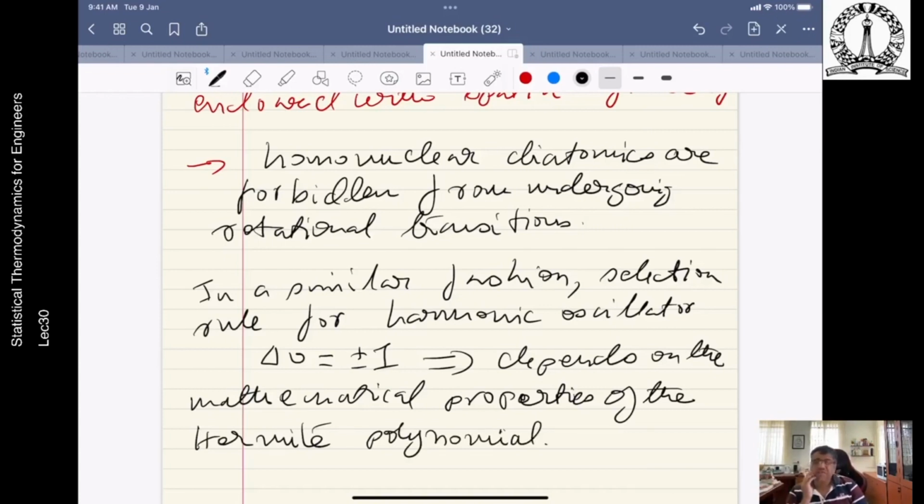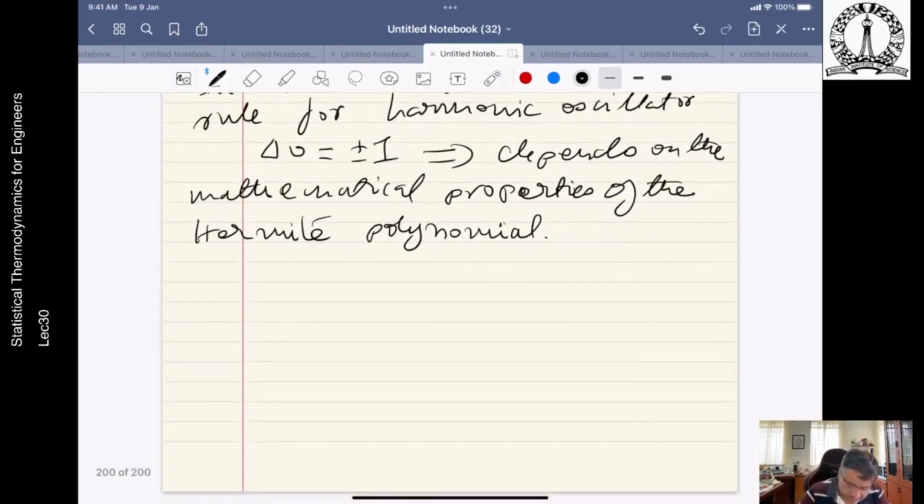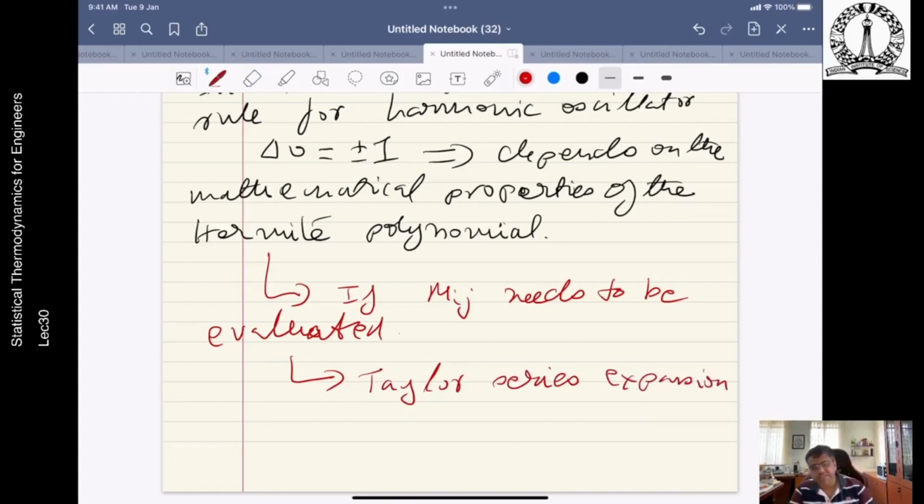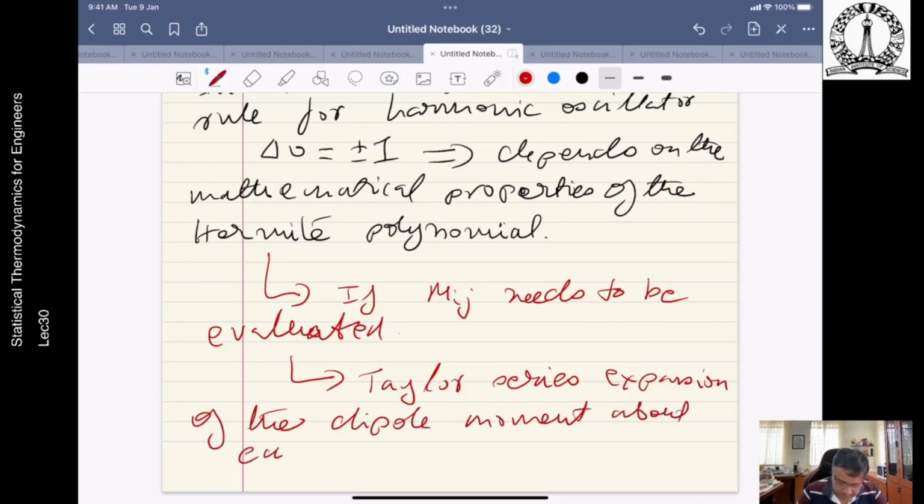For such polynomials, if Mij needs to be evaluated, you expand a Taylor series of the dipole moment about the equilibrium nuclear distance.